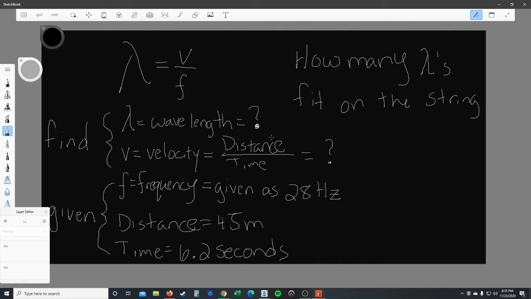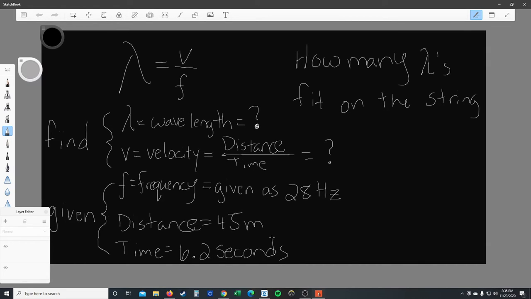So essentially, we're given the frequency as 28 hertz. We're given the distance of the string, which is 45 meters, and we're given the time from the vibration to reach one end of the string to the other end, so 6.2 seconds.